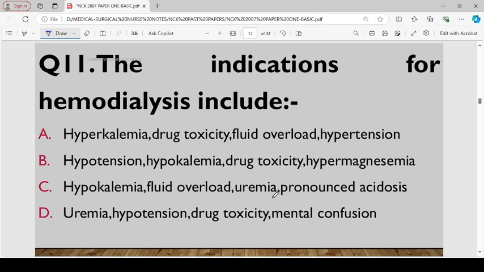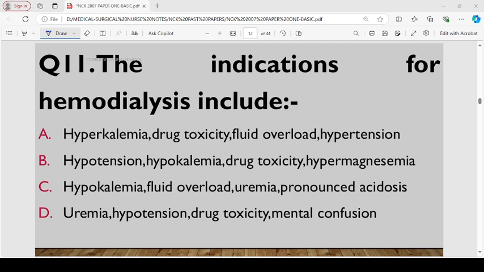The indications for hemodialysis include nurse A to nurse D. You have a minute. All right, starting with nurse D. You know that hypotension is not an indication, right? Hypertension is the reason for dialysis and not the other way around, and that makes option D to be wrong, right?